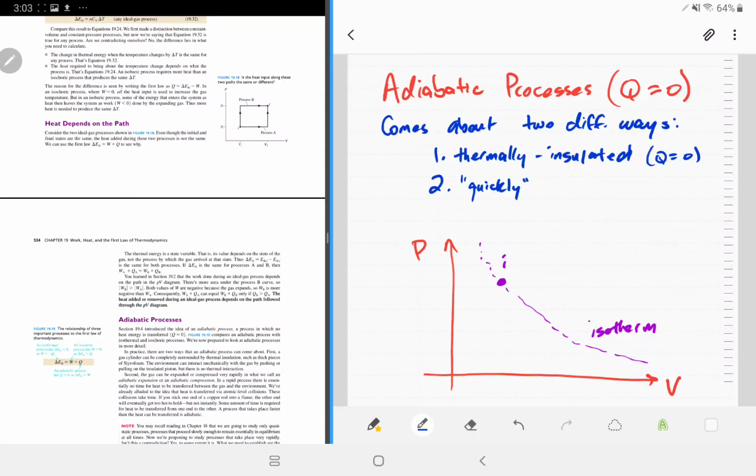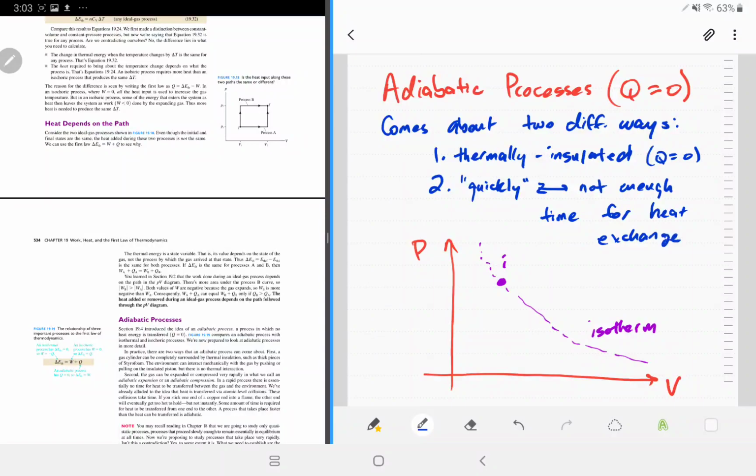We're still assuming, the fact that we're going to draw a path on a PV diagram, that it's a quasi-static process. So equilibrium is established at every point along the path. But it's quick enough that there's no heat exchange. So by quickly we mean there's not enough time for heat exchange.